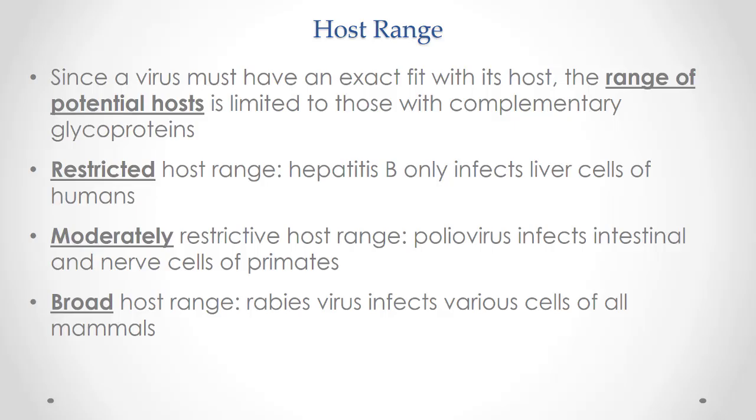Rabies can infect most mammals with a few exceptions, like possums, which usually don't carry it because their body temperature is too low for the virus to replicate successfully. So there are certain restrictions that sometimes go outside of the lock and key mechanism, but the idea is that a virus will fit into one of these three general categories based on the degree of its host range. So that explains a little bit about why some viruses are more widespread and some viruses are really specific to what they do.